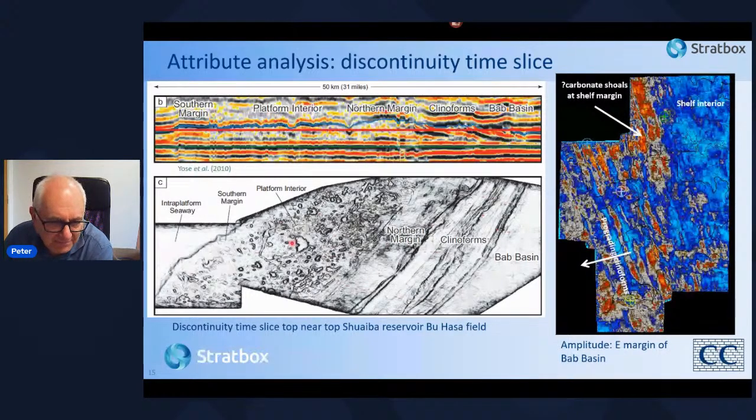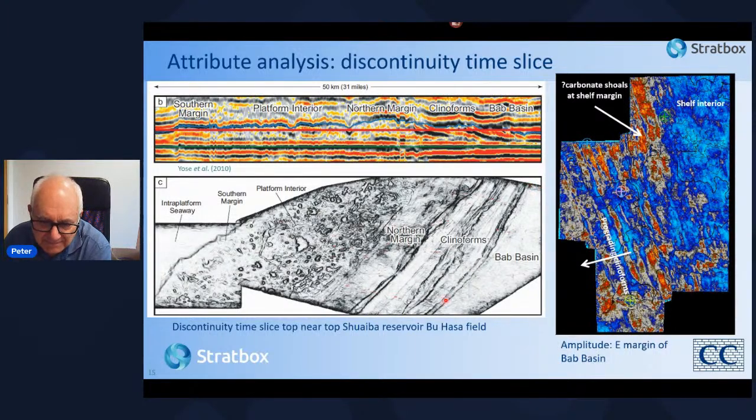We have the platform interior here, with these structures which are probably rudist patch reefs developed over the carbonate platform interior. We have the northern margin of the Bab Basin here, and these lineaments are showing the top of the clinoforms as they dip into the Bab Basin.